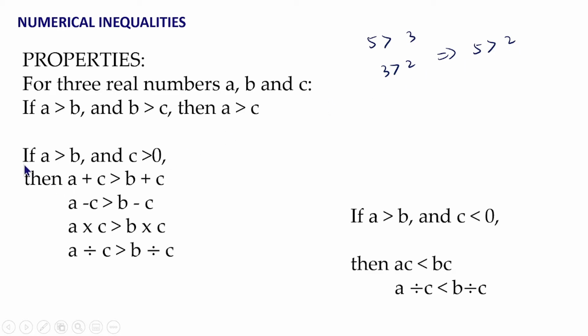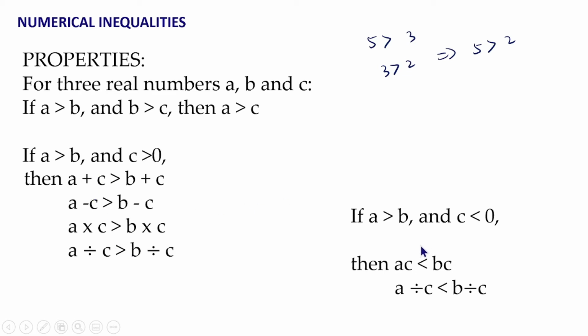Then, if A is greater than B and C is greater than 0, then A plus C is greater than B plus C, A minus C is greater than B minus C, A into C is greater than B into C, and A divided by C is greater than B divided by C. So when A is greater than B and C is any positive real number, if you do all these operations on both sides, the sign of the inequality will not change.